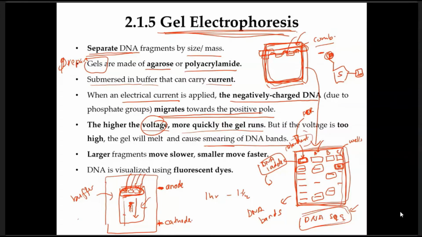And then larger fragment ni awak kena ingat. Okay, so the larger DNA fragment will move slower. The smaller DNA fragment will move faster. Sebab apa? DNA yang awak letak dalam well ni, through the electric current, it will migrate. Okay, dia akan start move towards the positive. So, yang akan bergerak dengan lebih cepat, obviously, the smaller fragment. So, the further the DNA sample from the well, the smaller the size.